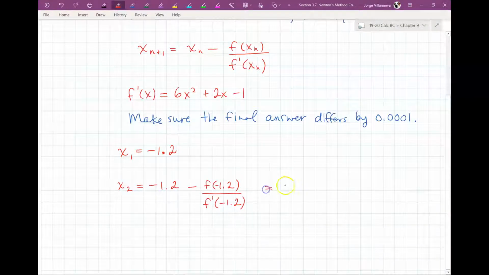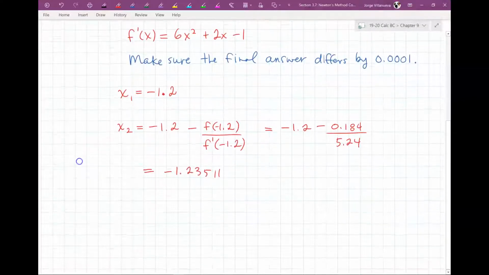That looks like this, negative 1.2 minus 0.184 divided by 5.24. Okay, so that means that x sub 2, once you calculate all that stuff, is negative 1.23511.